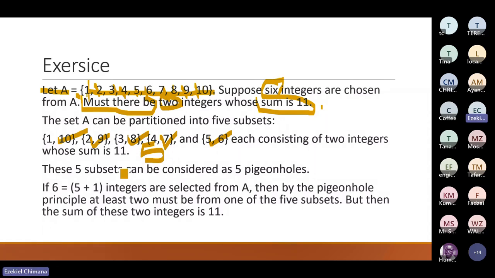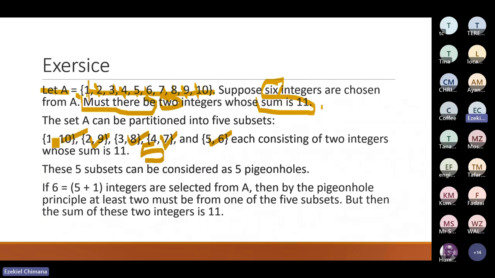So here, if you pick maybe 1, 2, 3, 4, and 5, and whenever you pick the 6th number, you are sure that if I put it in this set, I'm going to have 2 numbers in that set that will give me 11.